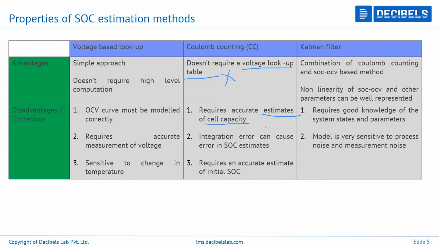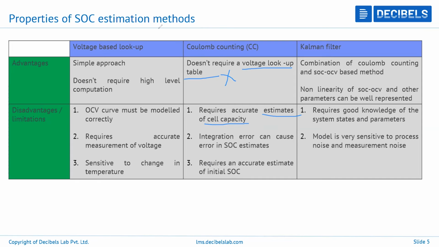If you have an incorrect estimate of capacity, then even your estimate of SOC will be incorrect. So it is purely dependent upon how well the preliminary cell testing has been done. If the values from the cell testing are correct, then here too the estimate of SOC will be correct.